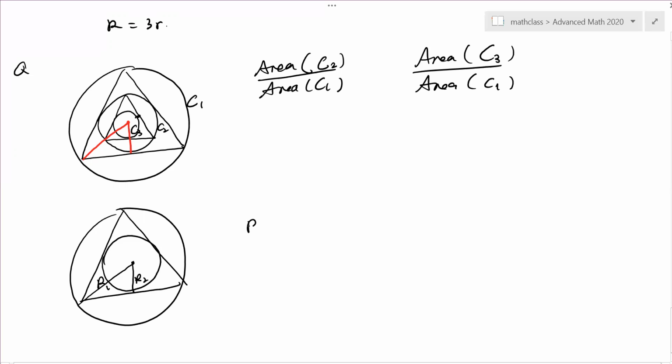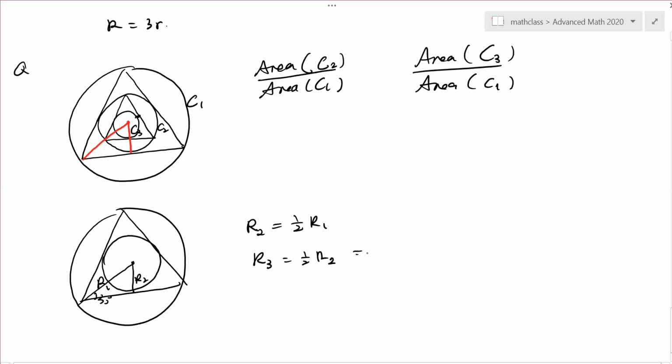So it's clearly R2 equals half of R1. Because this is a 30-degree triangle. Similarly, if we continue repeating this process, R3 is going to be half of R2.